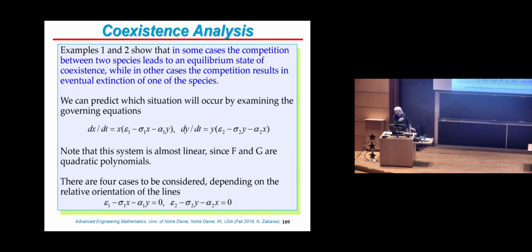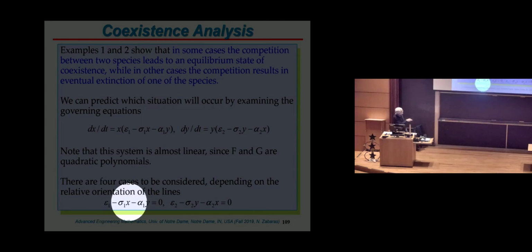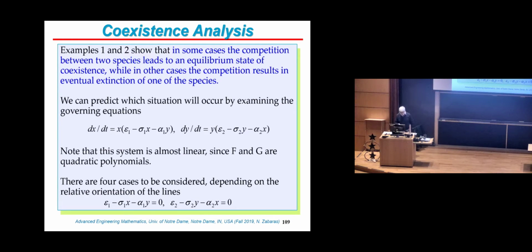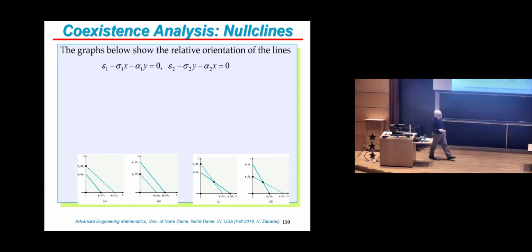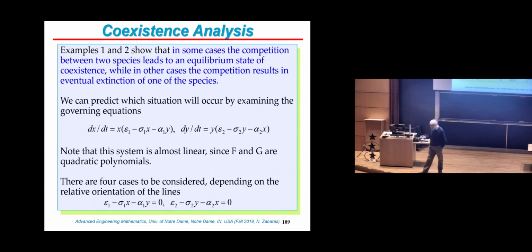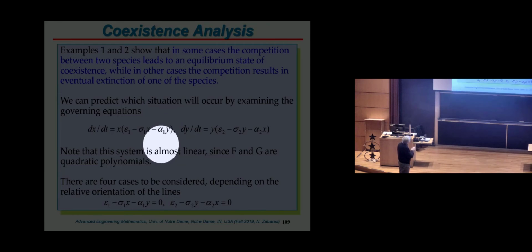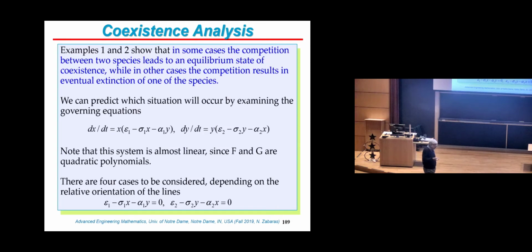Now, you can generalize this and do the analysis without putting any numbers. You can actually do the calculations with just symbols. I am not going to repeat this since we don't have much time today, but let me just say the following. These are the general growth equations of 2 species. And somebody asks you, can you have the 2 species in coexistence?